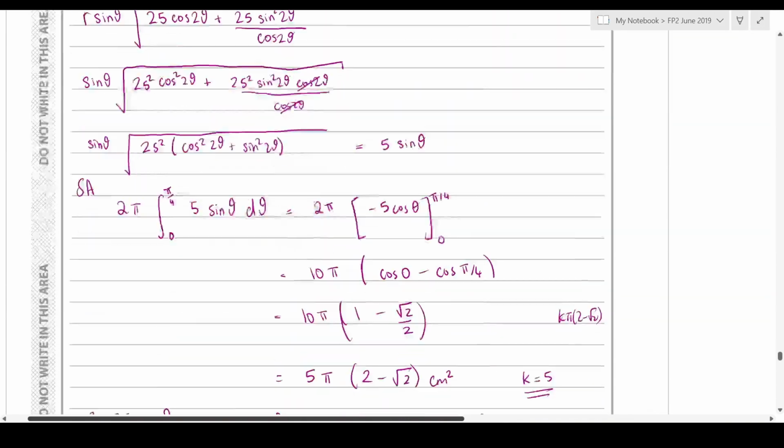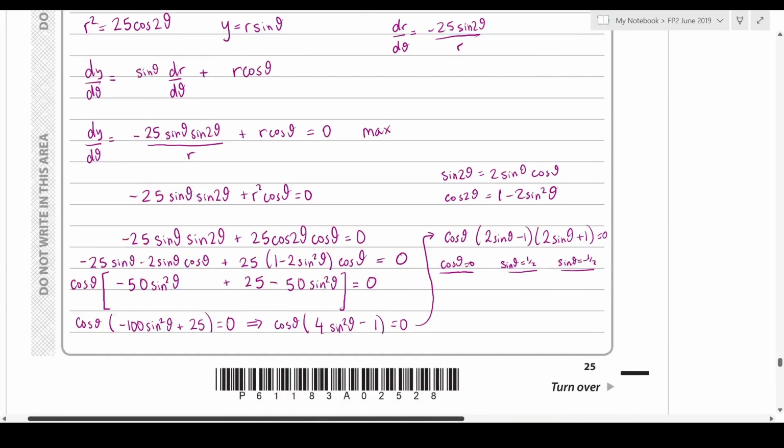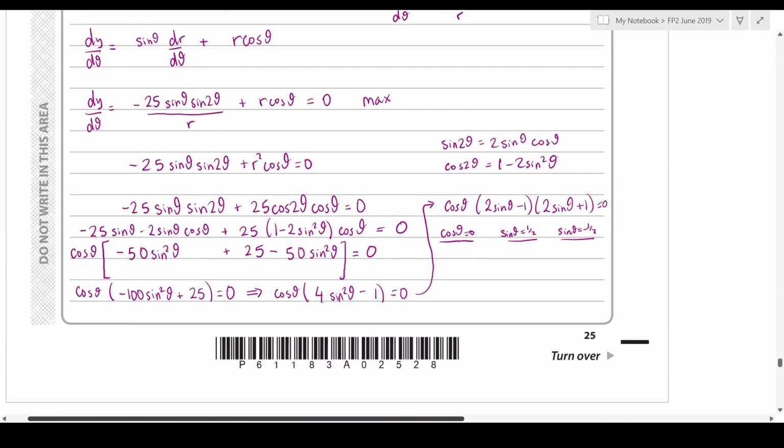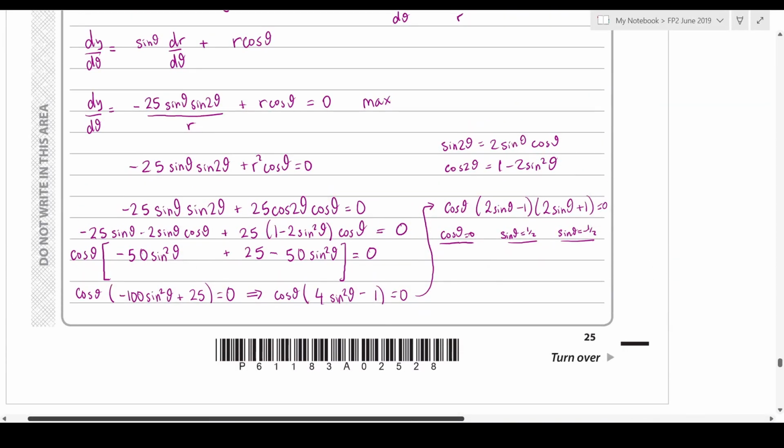So we're looking for the smallest value of theta, because we kind of define it to be like that. So when is cos equal to 0? It's pi over 2, 3 pi over 2, etc. Yeah, that's probably not going to give us the value that we need.